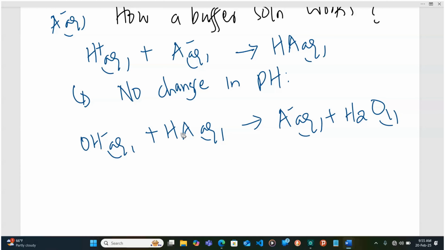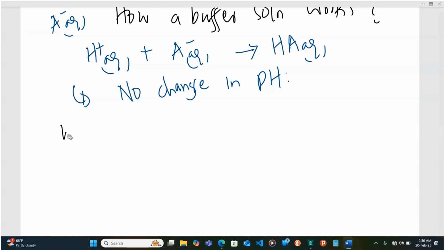Now, part of the hydrogen ions from the conjugate weak acid will react with the hydroxide ions and you will form more of the base, plus water. You'll find you are not going to have any change in the pH, because the hydroxide ions that came in were attacked by part of the acid.